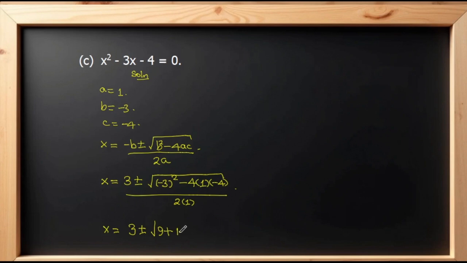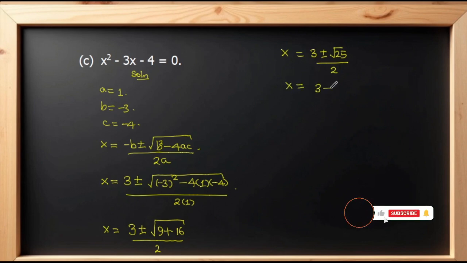So we add 16 to this number, and then we divide it by the denominator, which simplifies to 2 because we multiply 2 by 1, that is 2. Now, when we add those numbers inside the root sign, we have here square root of 25. And 25 is a square number, that's good news for us. So the square root of 25 is 5. So we have here 3 plus or minus 5 all over 2.